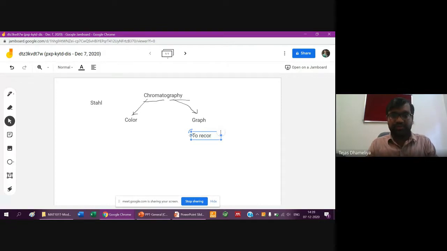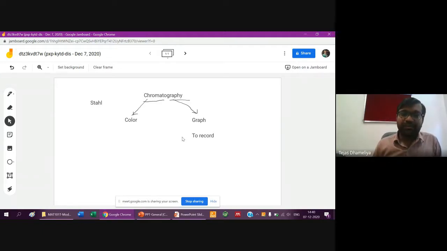So this way, chromatography, from chroma and graph, is to record the color, to perceive the color, to identify the color. That is the meaning of chromatography. Because initially, whichever compounds were isolated, they had color.